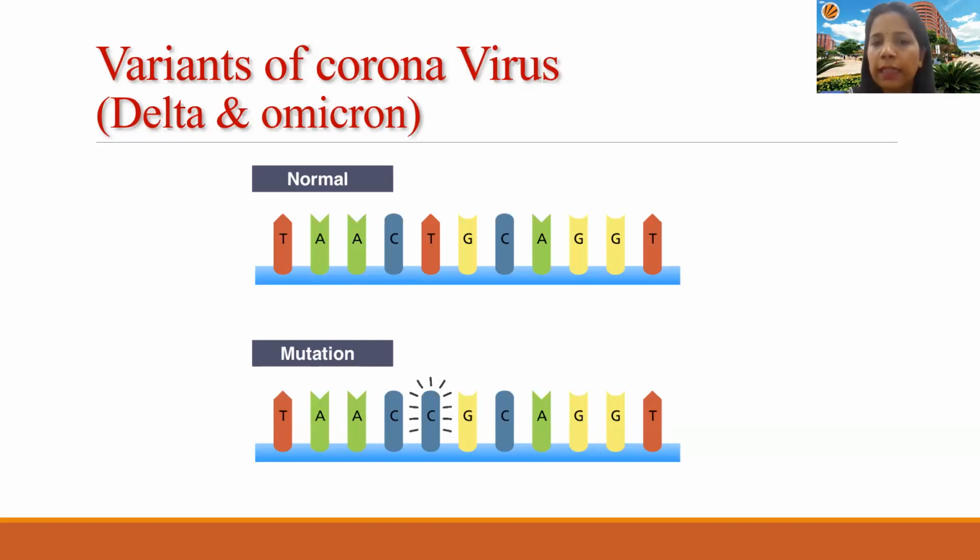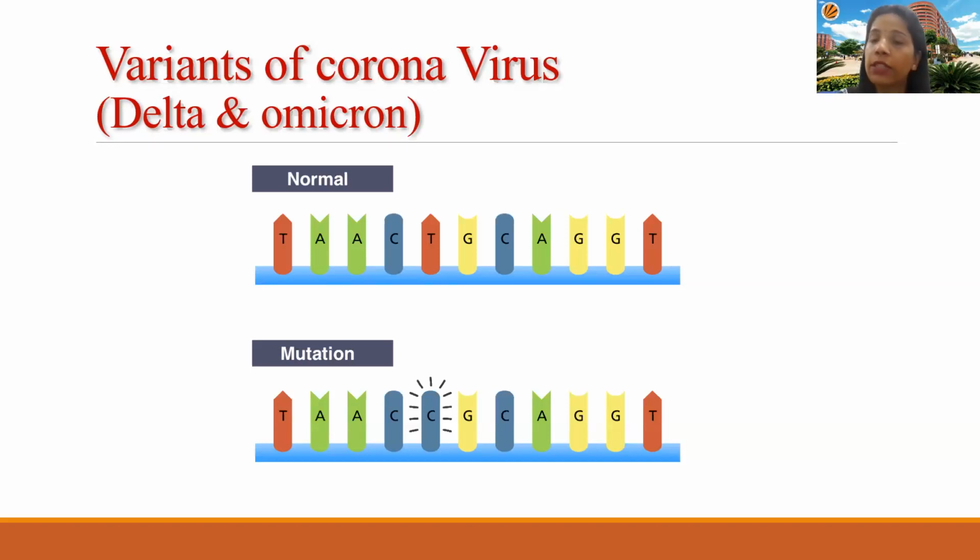So once the T has been changed to cytosine, the type of protein this sequence makes will change. And ultimately, for example, let's assume that the sequence here is for the hemagglutinin antigen only. Now if this T has mutated to C, the structure of the hemagglutinin antigen will get affected. It will change.